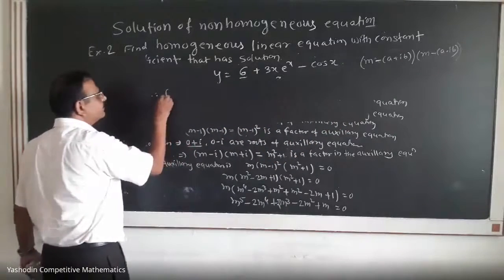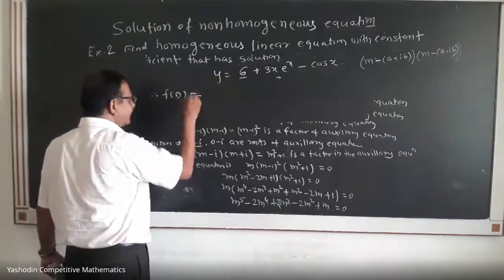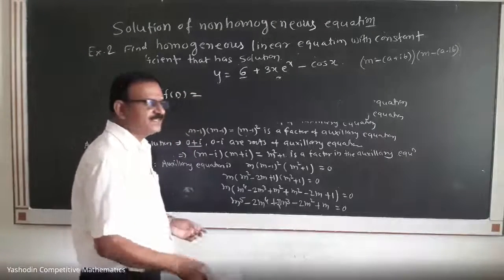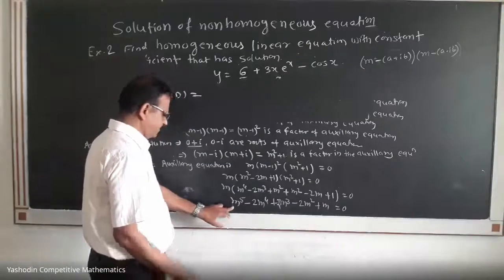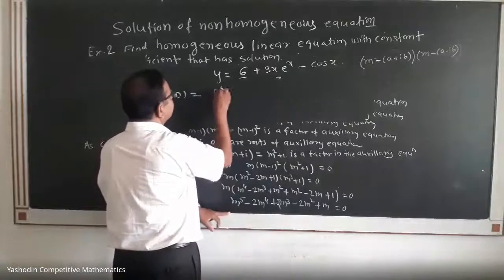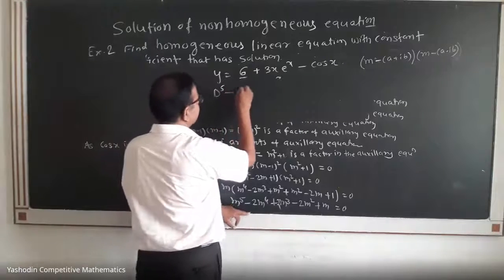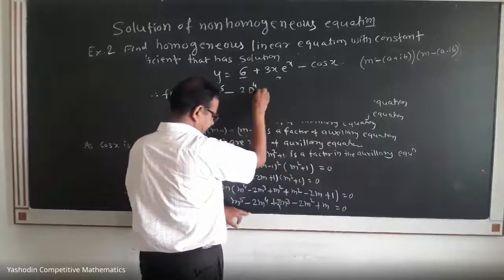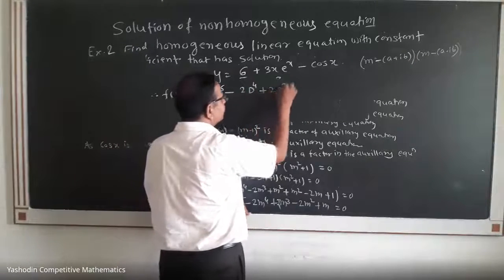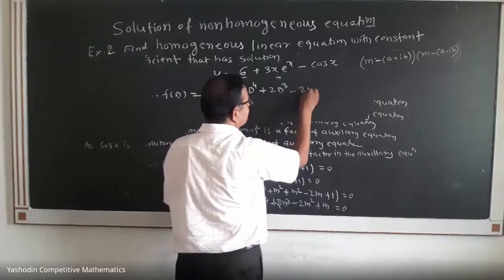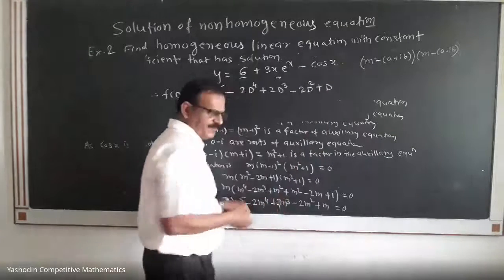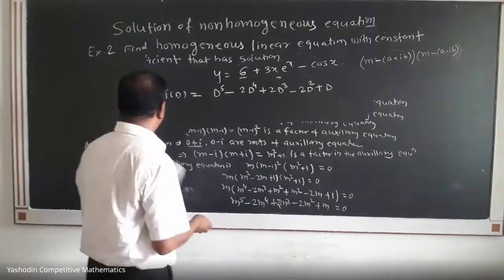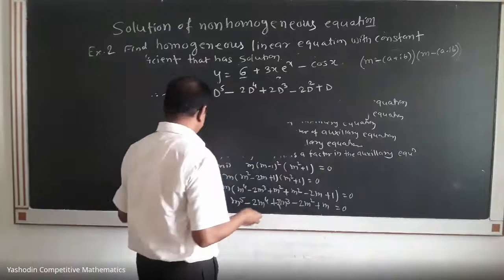How to find f(D)? Replace m by D in the auxiliary equation. f(D) equal to D raised to 5 minus 2D raised to 4 plus 2D cube minus 2D square plus D. This is f(D).